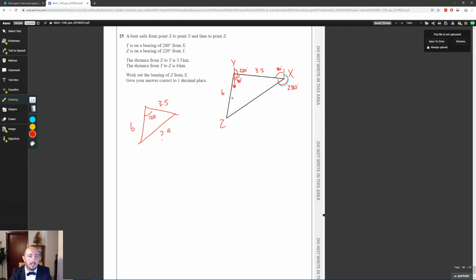Let's call that A. So A squared equals B squared plus C squared minus 2BC cosine A. We can substitute in for the two sides, it doesn't matter which way round.